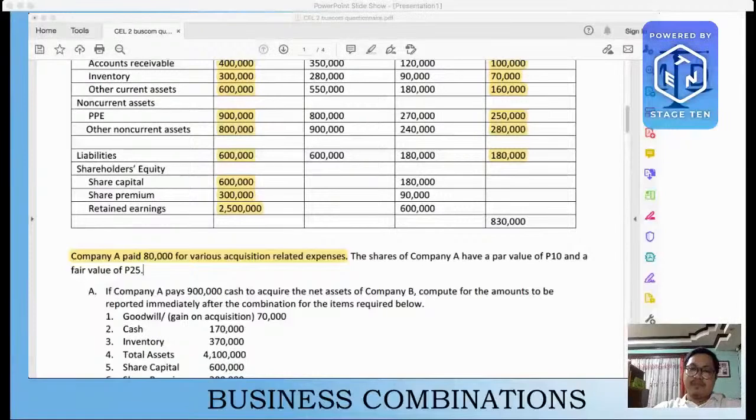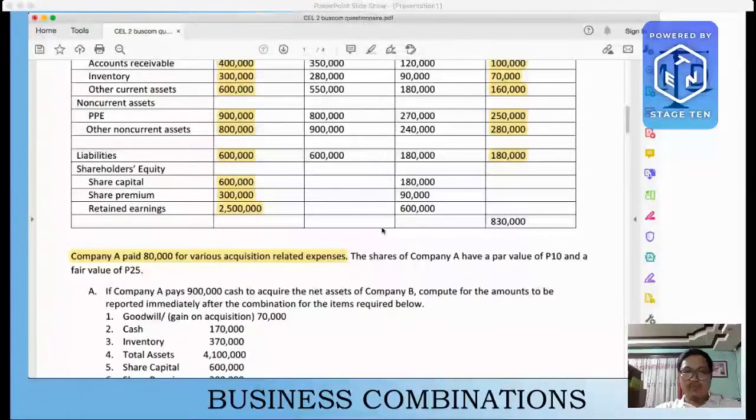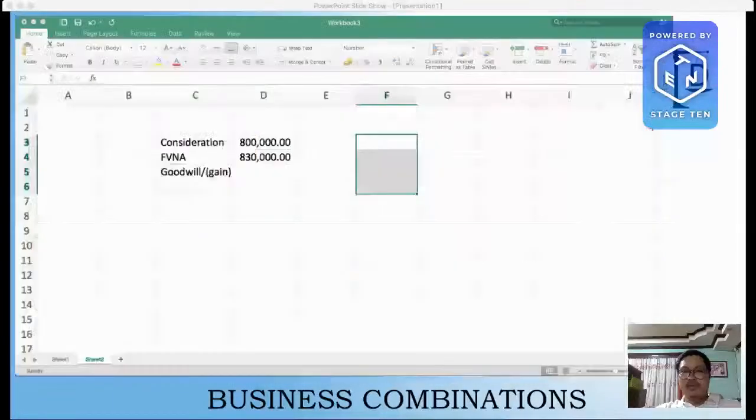Again, I'm just going over this one because it takes too much time to recompute the fair value of the net assets. If you have time on your own, class, you recompute the fair value of the net assets, and it should give you 830,000.